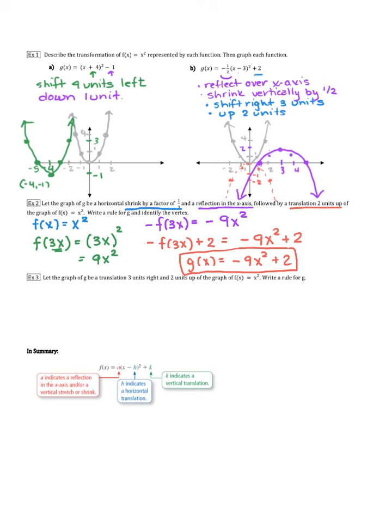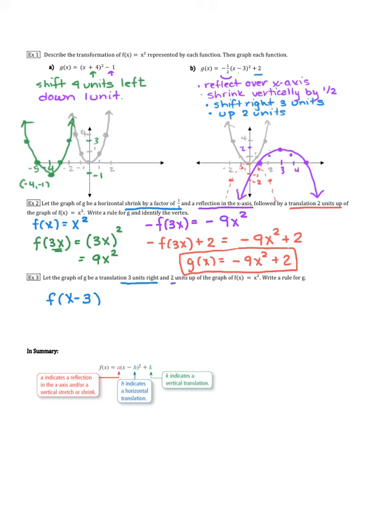Okay, the next one, let the graph of G be a translation 3 units right. So again, that means that's happening inside because that's a horizontal. Right is in the positive direction, so we're going to write x minus 3. Remember, inside is always the opposite.